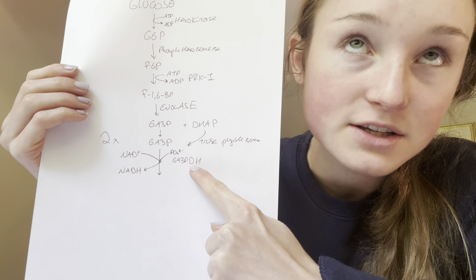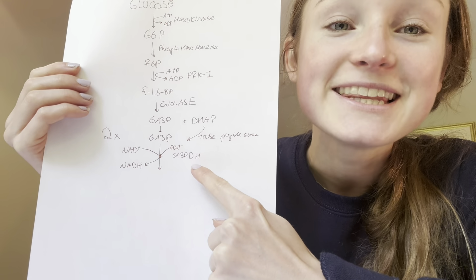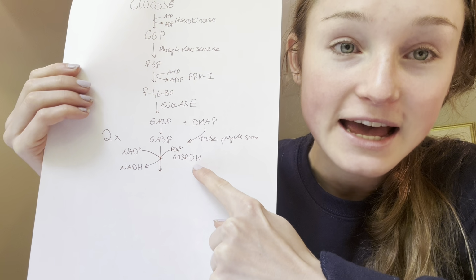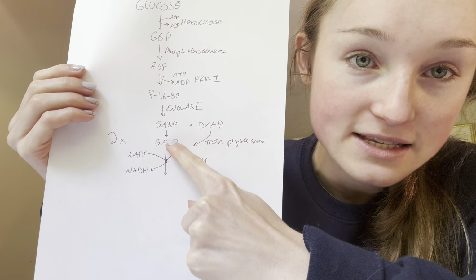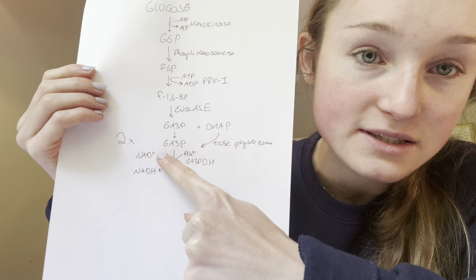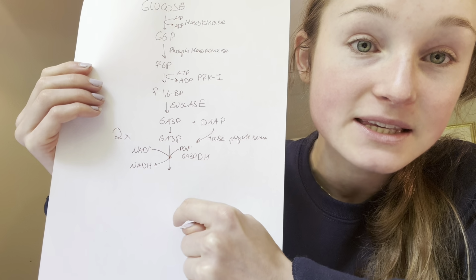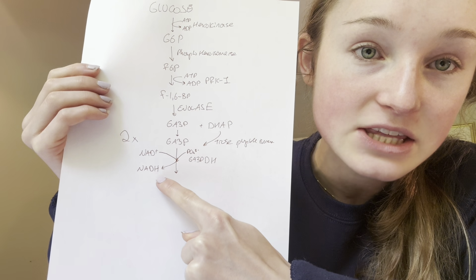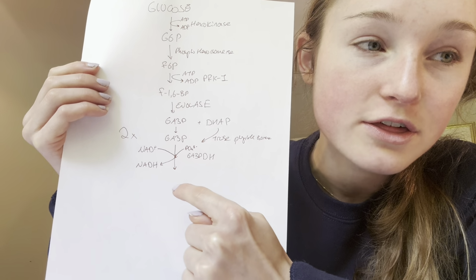Glyceraldehyde 3-phosphate dehydrogenase oxidizes this molecule and reduces this molecule. This step yields NADH and 1,3-bisphosphoglycerate.